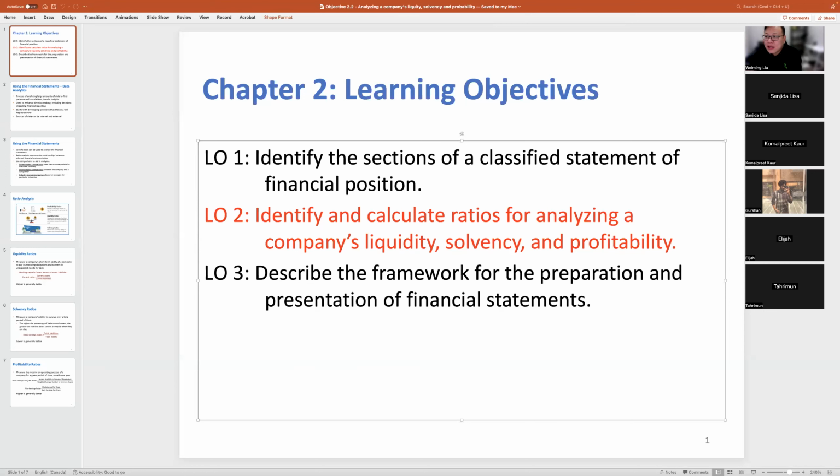And the inventory can be converted to cash when the customers buy the inventories with cash. So those items can be converted to cash within a year or a life cycle. Those are current assets.